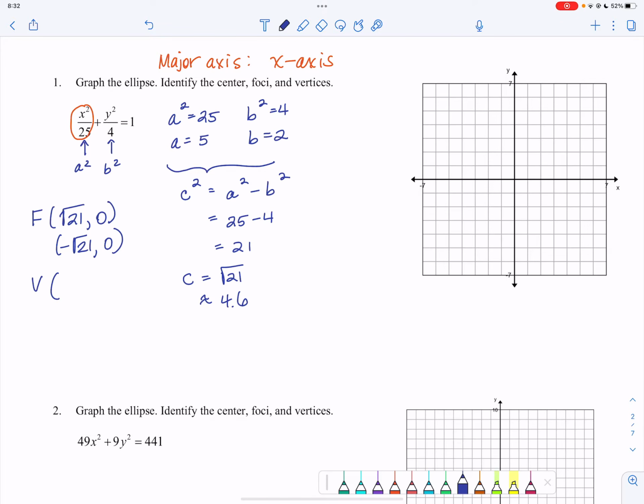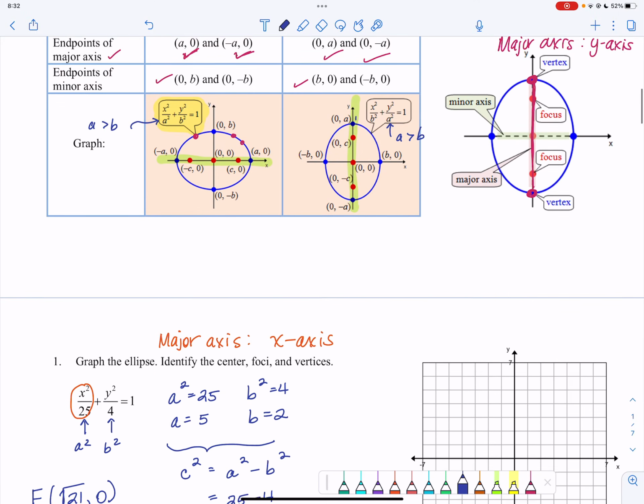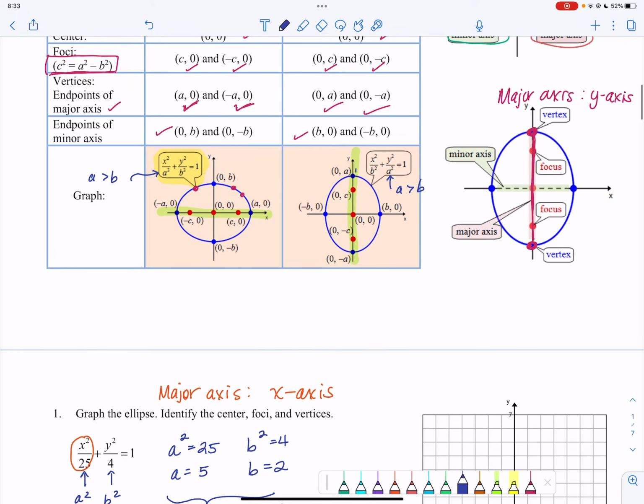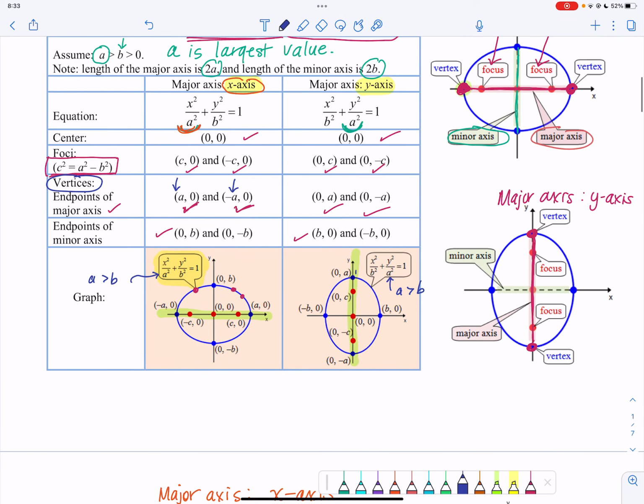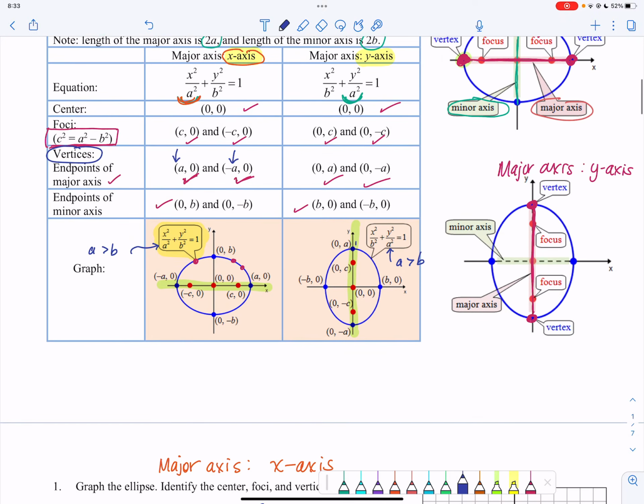vertices, as you can see, we will go ahead and use our A value. So if you look here to look at the vertices, we're always going to have A in our vertices, okay? Now it depends on whether the major axis is the x-axis or the y-axis.